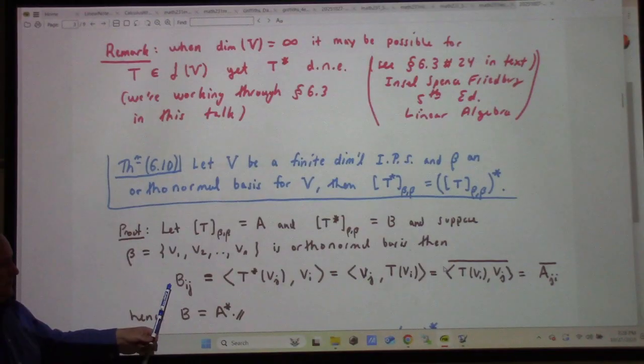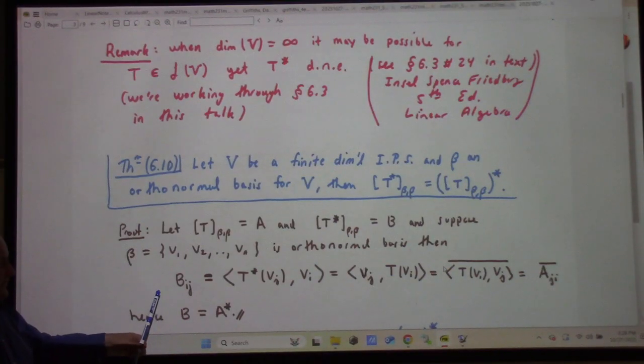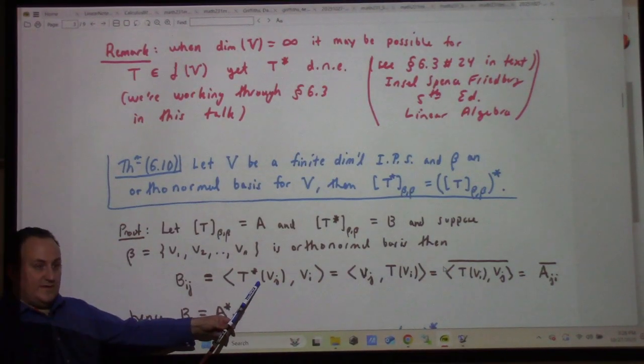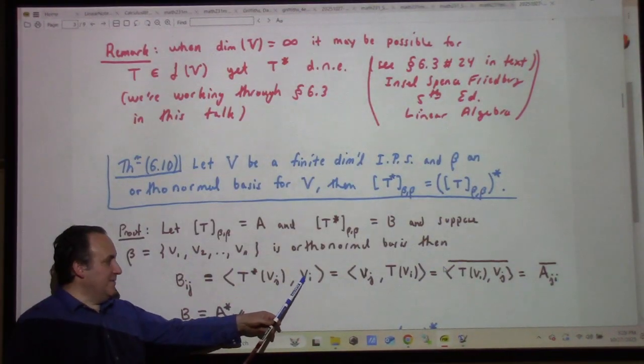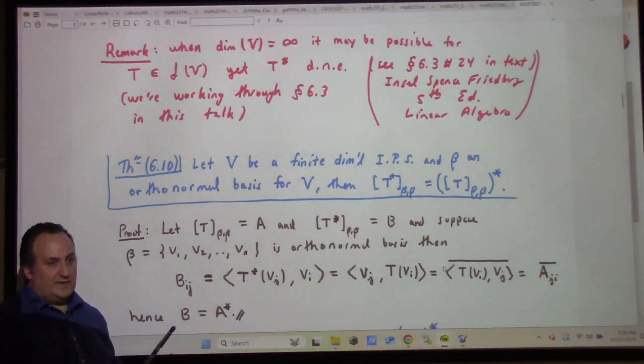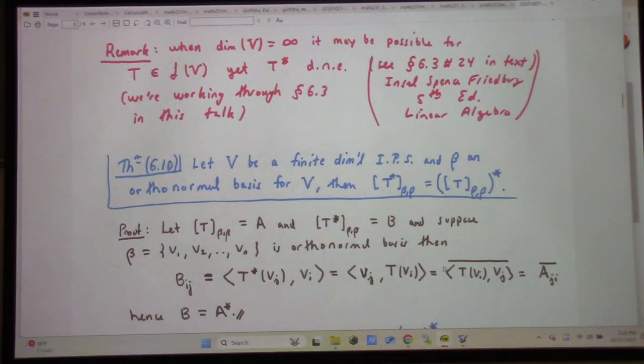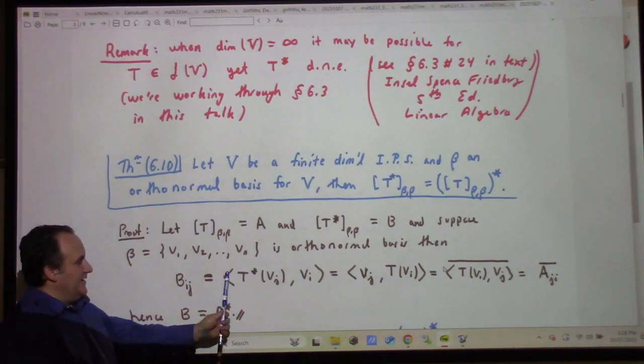Then, as we discussed a couple days ago, the components of the transformation with respect to the orthonormal basis are simply given by taking the inner product of the jth basis member with the ith basis member. This is the ith component of the coordinate vector of T*vj. Then I move it over here.